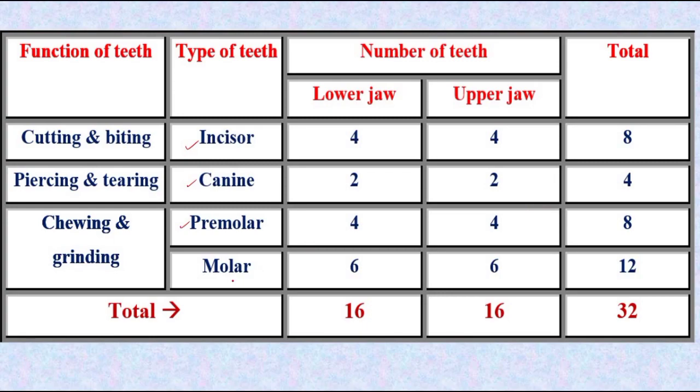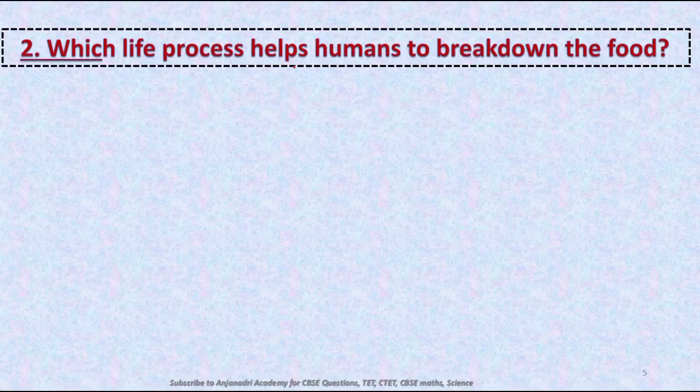Premolar teeth, which are used for chewing and grinding, 4 in the lower jaw, 4 in the upper jaw, total 8. There are 6 molar teeth in the lower jaw, 6 in the upper jaw, total 12, which are used for chewing and grinding the food. Therefore, in the lower jaw we have 16 teeth, in the upper jaw we have 16 teeth. Total number of teeth in our mouth is 32. So this table is very useful to remember the number of teeth based on their function.